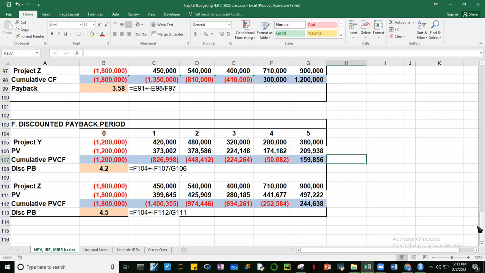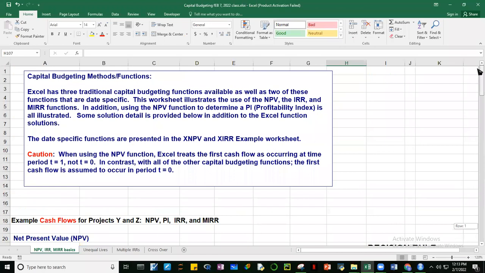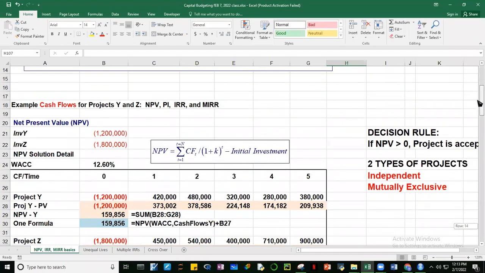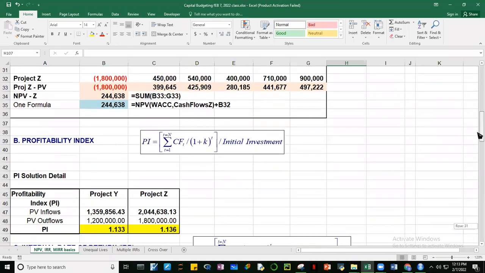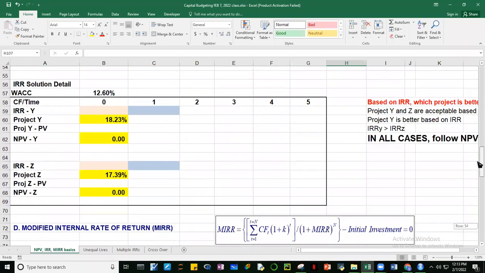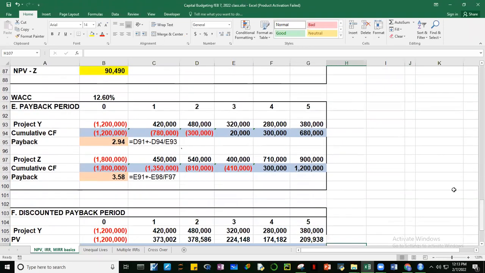So that's how we compute for or evaluate projects using NPV, IRR, MIRR, Profitability Index, payback. Okay, and there are some rules on that. Sabi natin, ang pinaka-paramount dyan, yung NPV. So, si IRR, importante din, but when there's a conflict between NPV and IRR, NPV always prevails.